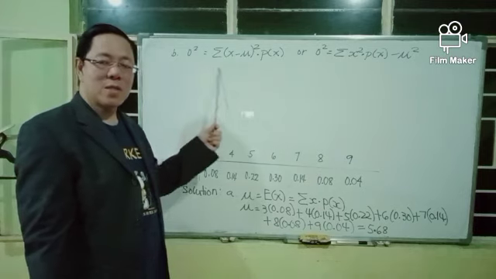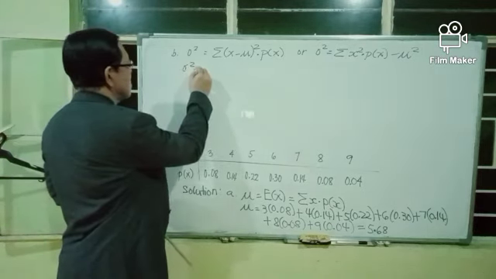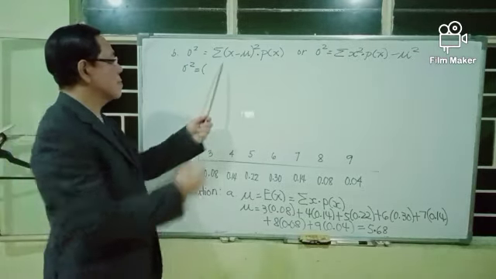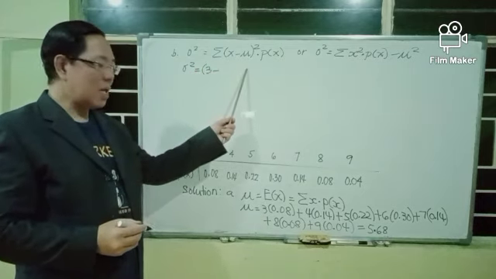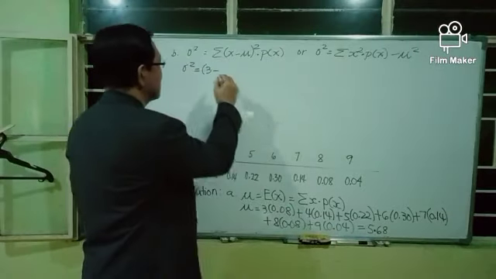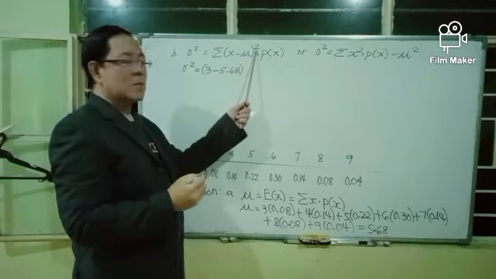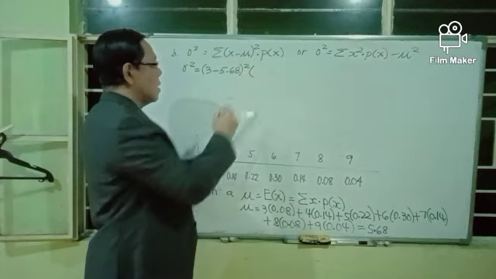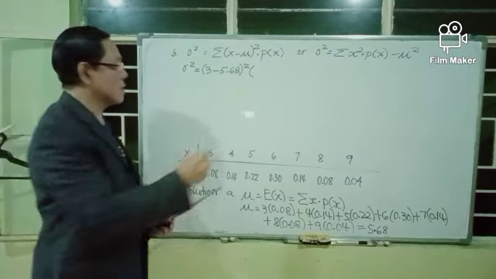So sigma squared using this formula is equal to: the first value of x is 3, minus the expected value of x, 5.68, as we have computed earlier, raised to the power 2, and multiply by the probability of x. The probability of 3 is 0.08.